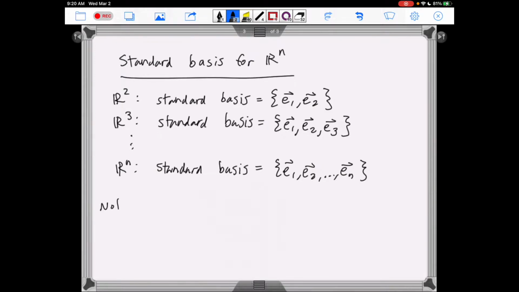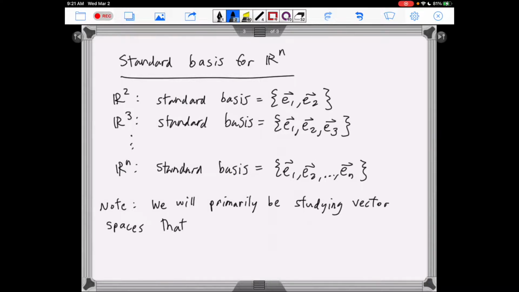So one note here: are we ever going to deal with vector spaces that have a basis of infinite size? The answer is no. So note, we will primarily be studying vector spaces that have a finite basis.